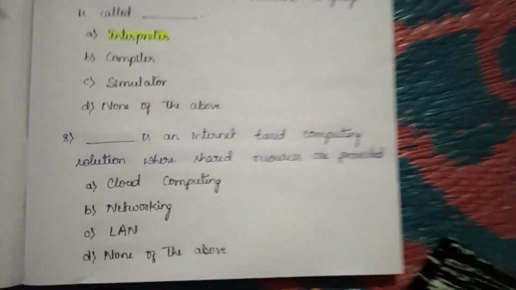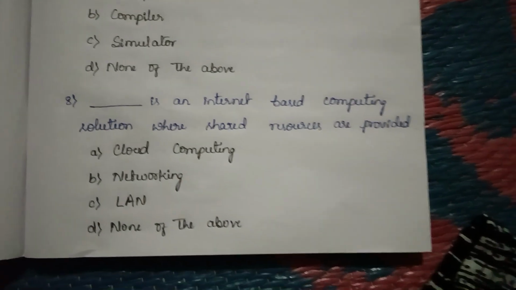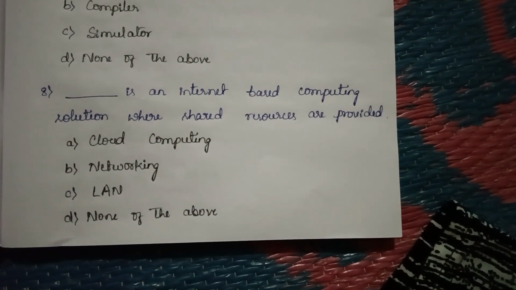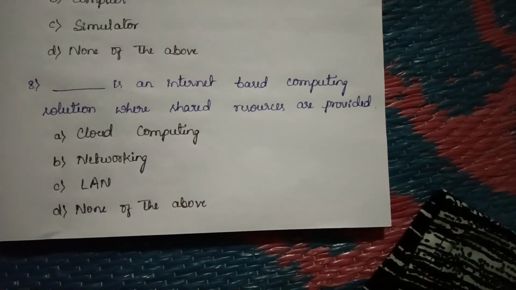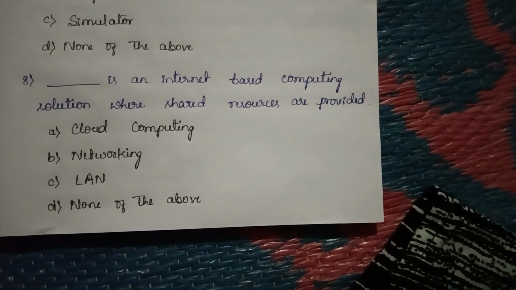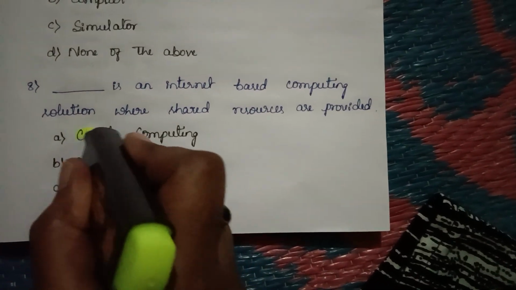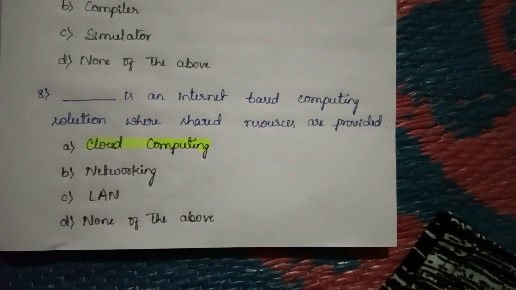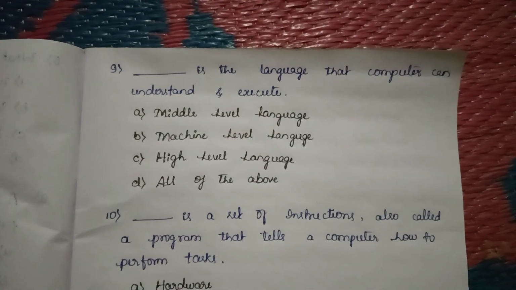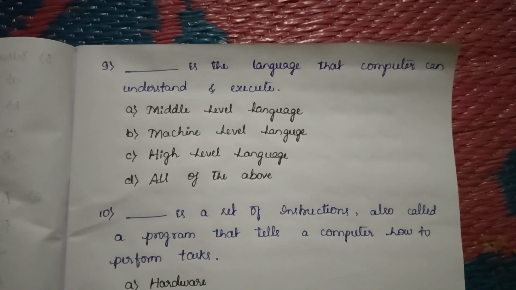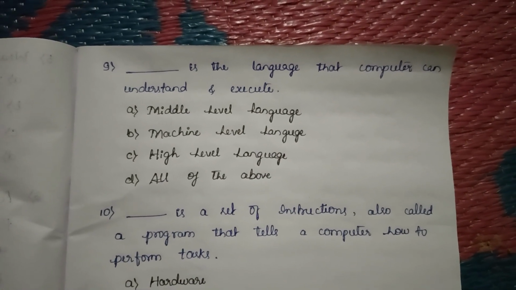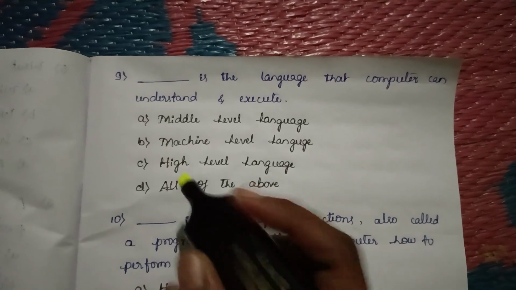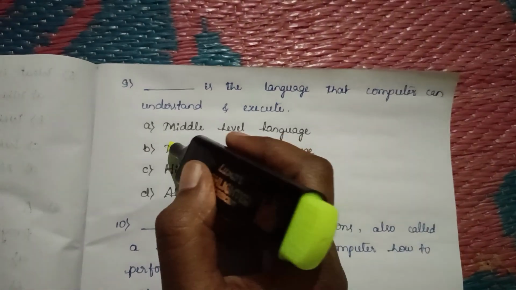Next question. Dash is an internet-based computing solution where shared resources are provided: cloud computing. Next question. Dash is the language that computer can understand and execute, that is machine level language.